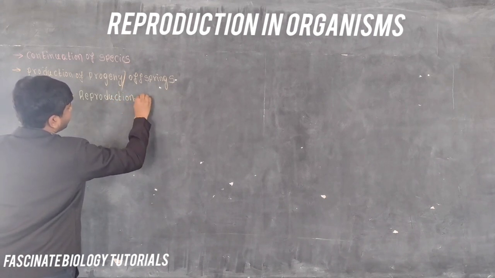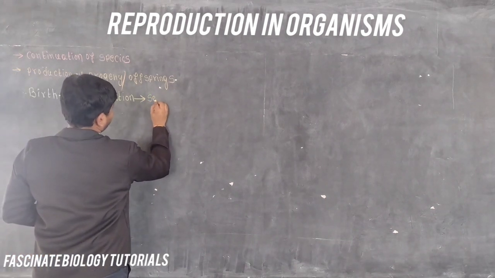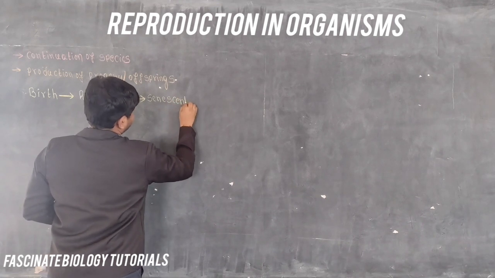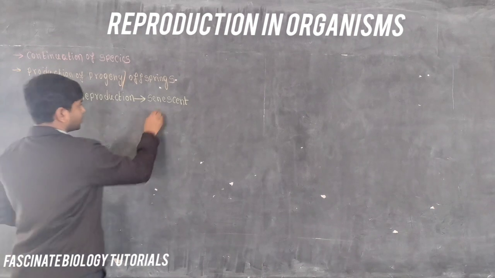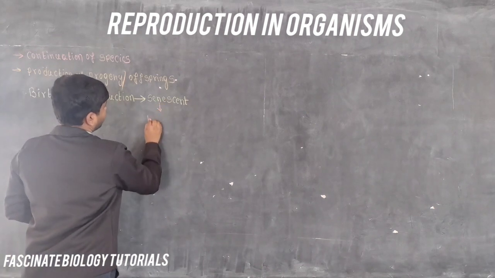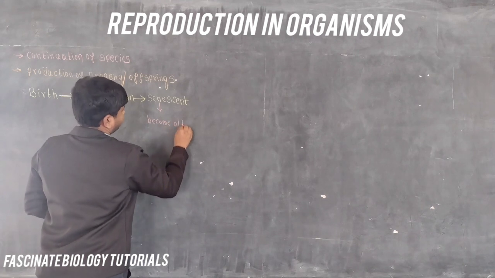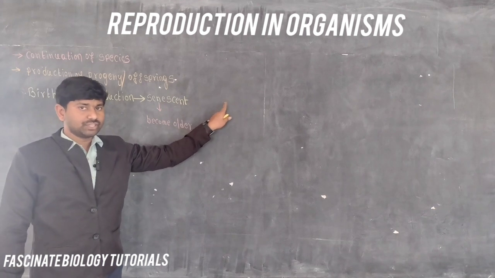And the third phase is the senescent phase. Senescent means becoming older. After senescence, natural death occurs and there is no life process.